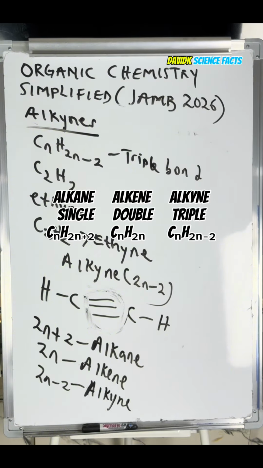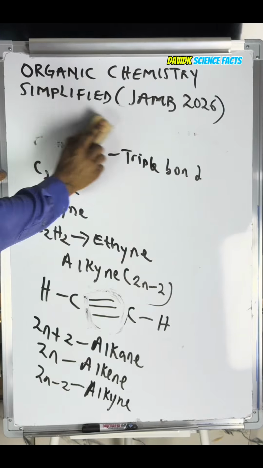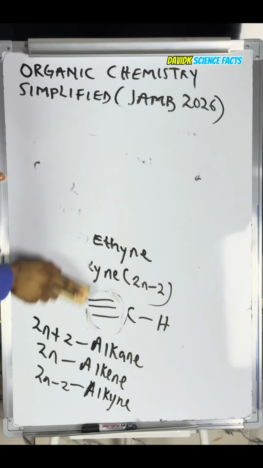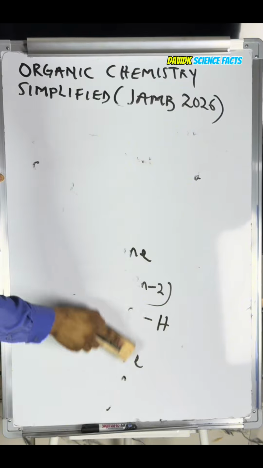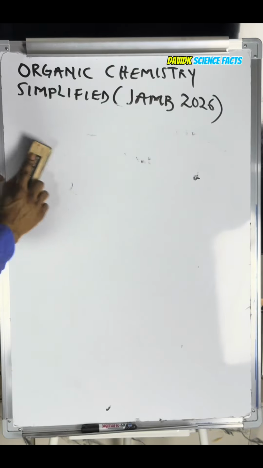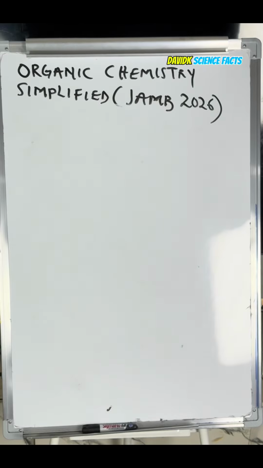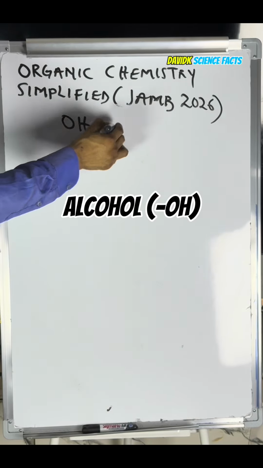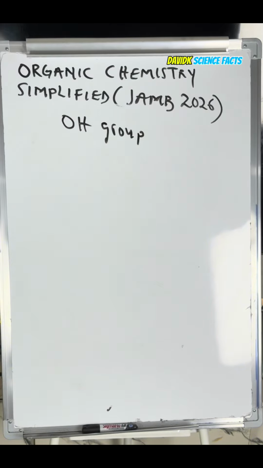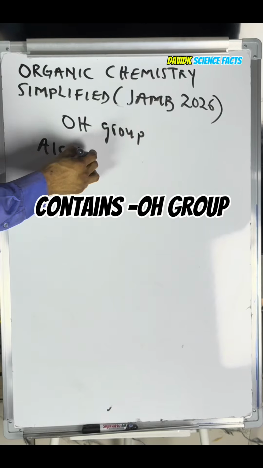Okay, so let's talk about alcohol. Alcohol contains the OH group. Example, let me write this.